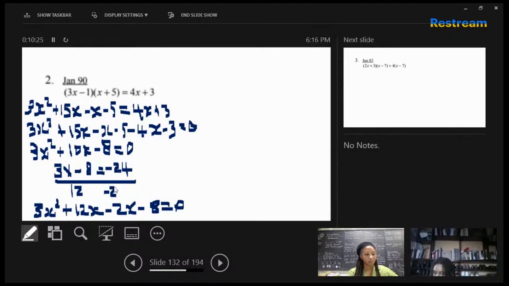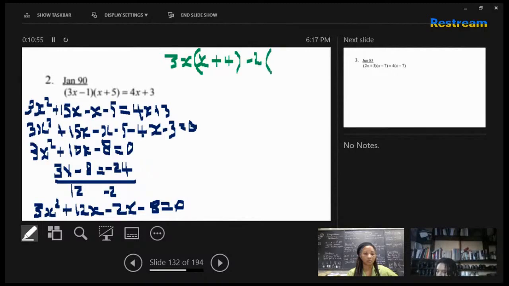Okay, so we're going to set the common factor for the 3x squared and 12x, which is 3x. So 3x into 3x squared goes x times, and 3x into 12x goes 4 times. So positive. And the next one, the common factor is negative 2.